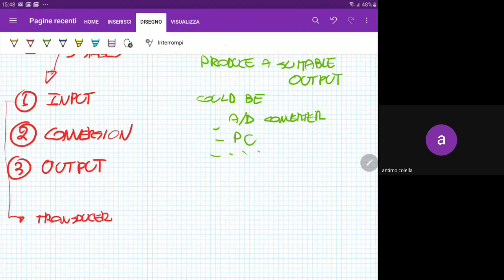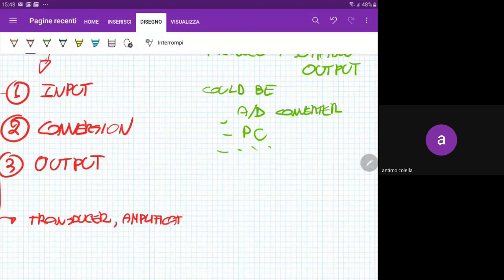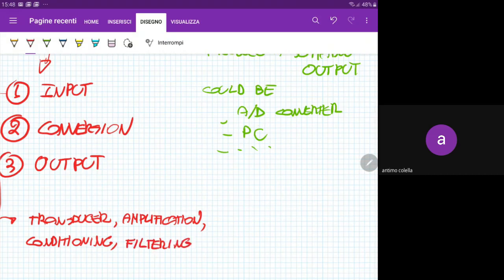But I would also add some other items: amplification, signal conditioning, filtering. Just to name some options that you have when dealing with an output from your transducer.